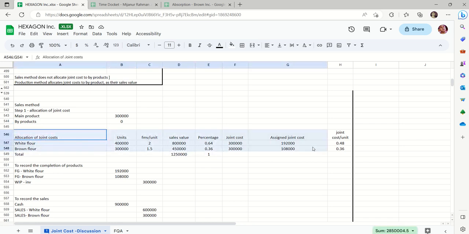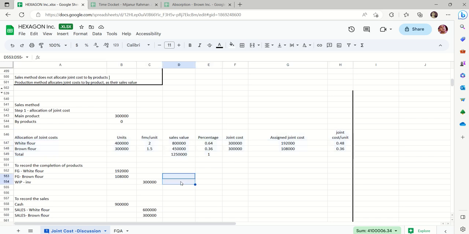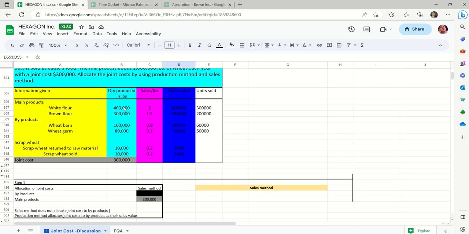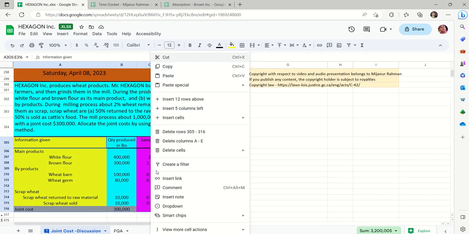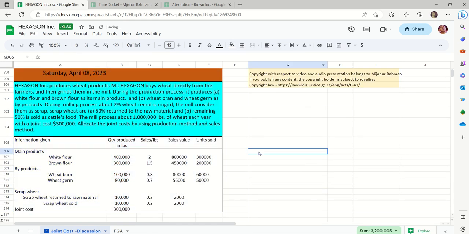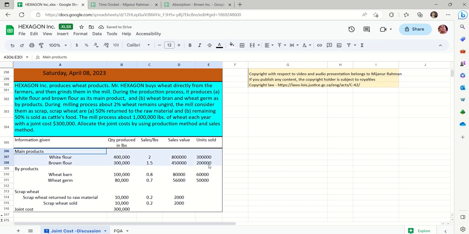Then in step 2, because we have 2 main products, we have to allocate this $300,000 between the white flour and brown flour. The information is the same right there. We were working in these cells. I'm going to reset these cells.